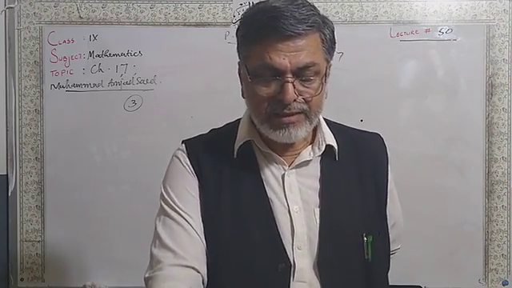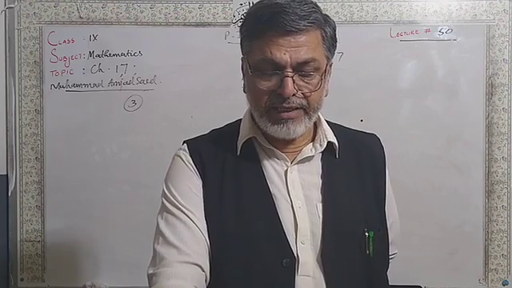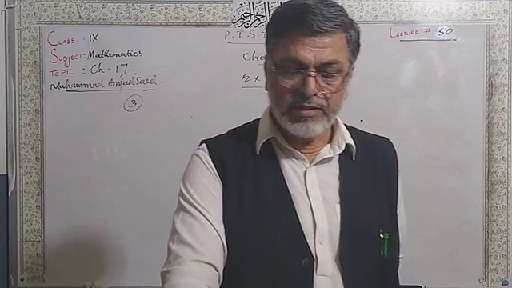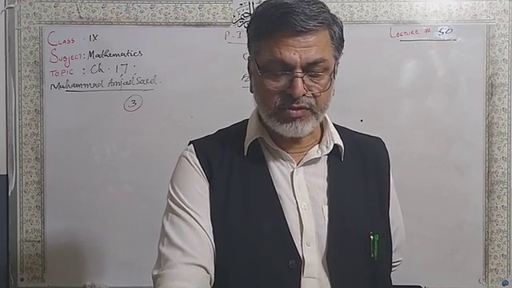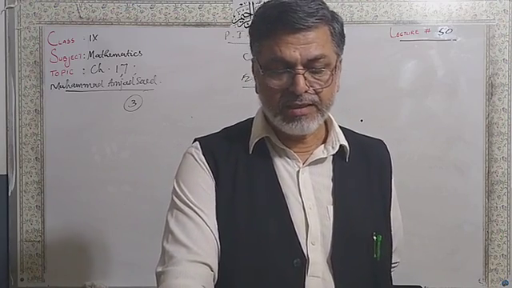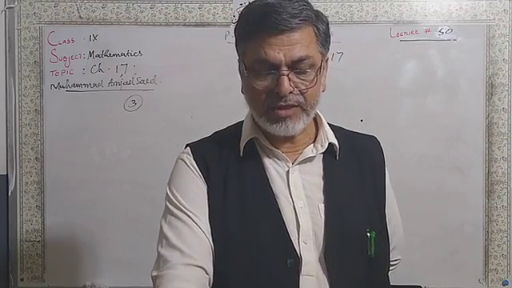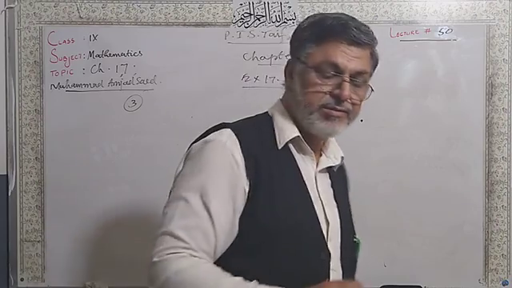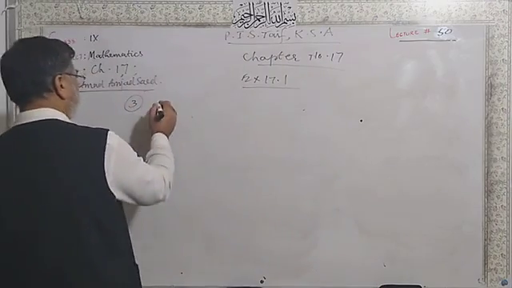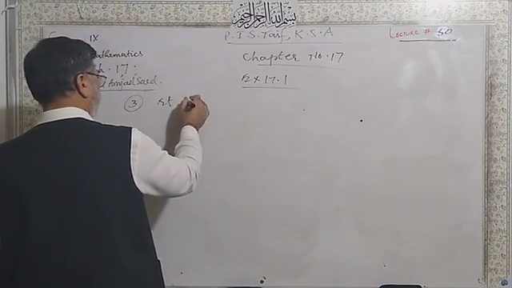Construct a right angled triangle whose hypotenuse is 5 centimeter and one side is 3.2 centimeter. Question number 3, right triangle.